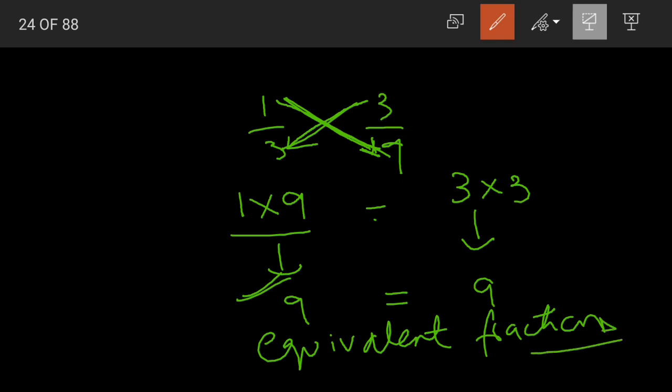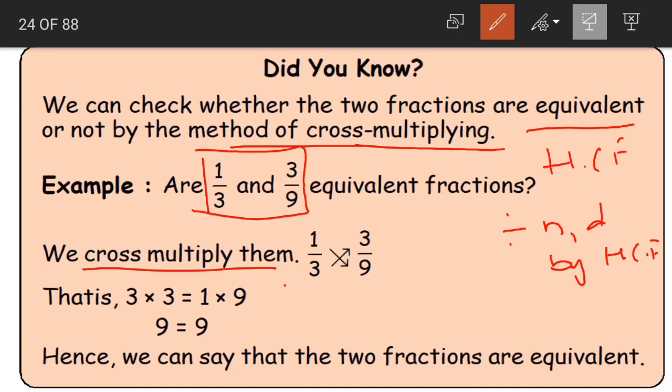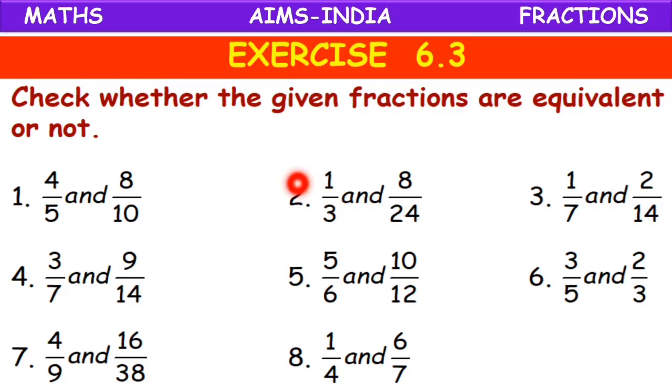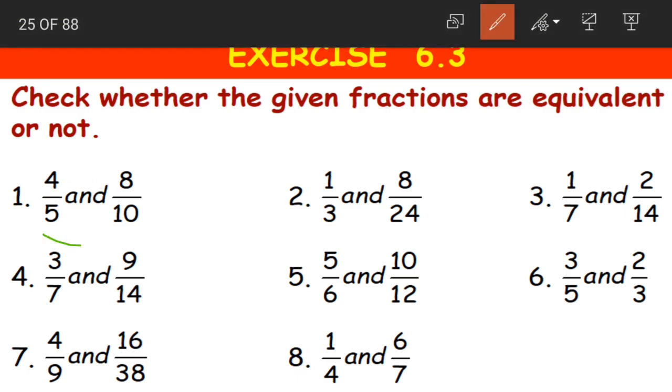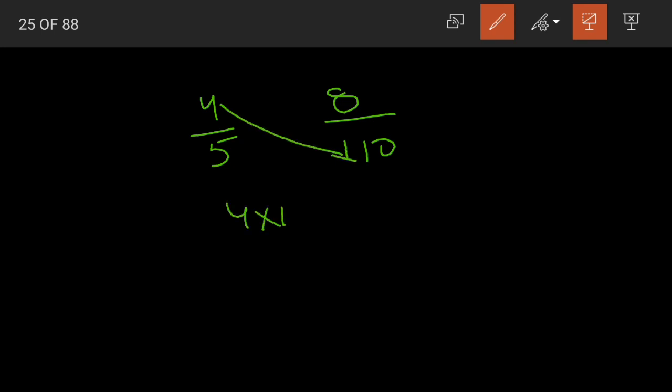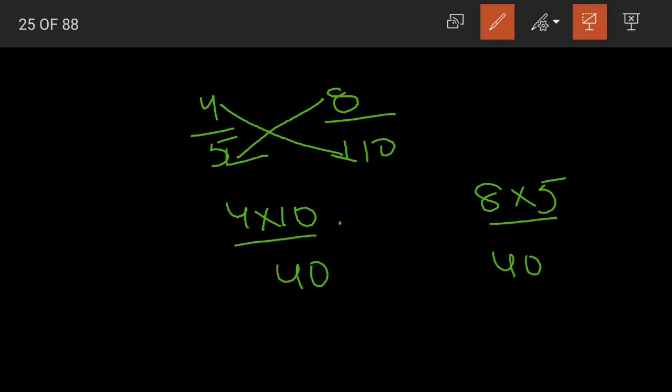Understood, children? This is a much simpler method, right? Let us again revise with another set of fractions here. First one is 4 by 5 and 8 by 10. How do we find out the equivalency by cross multiplication? The numerator of the first multiplied by the denominator of the second, and numerator of the second multiplied by the denominator of the first. 4 into 10, 40. 8 into 5, 40. Again, both the products are equal to each other.